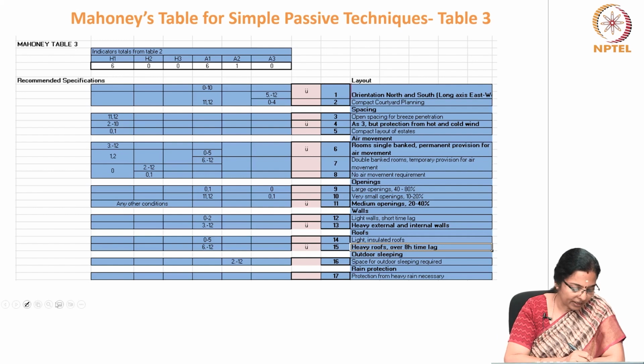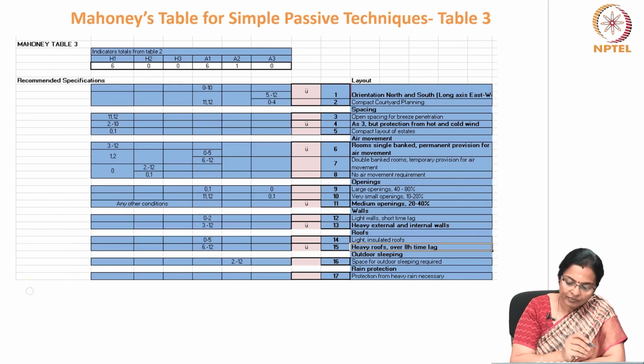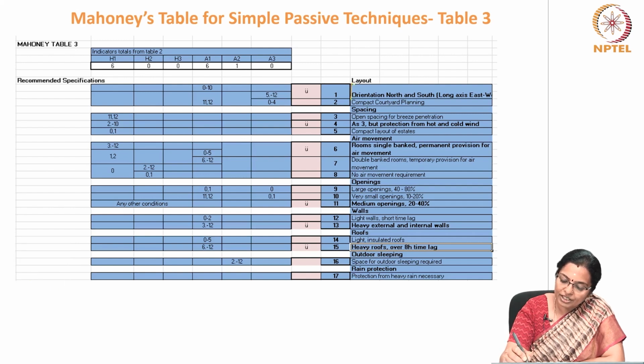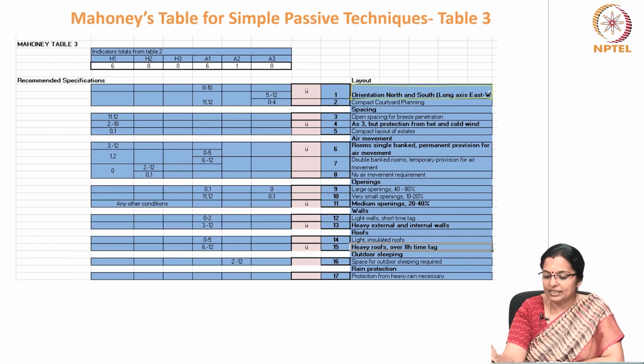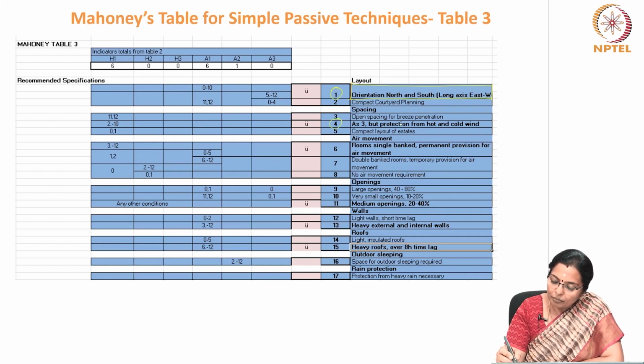That is, the orientation of the building should be along north and south. That is, the long axis must be along east and west.